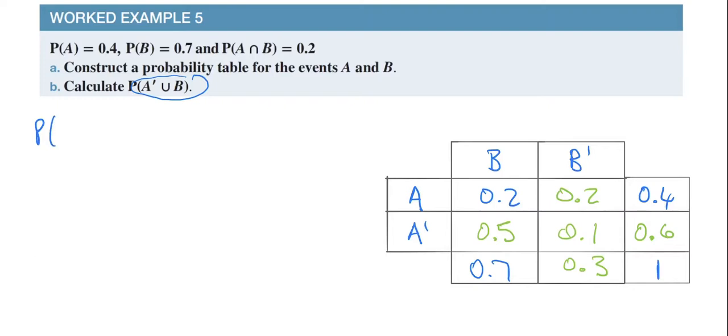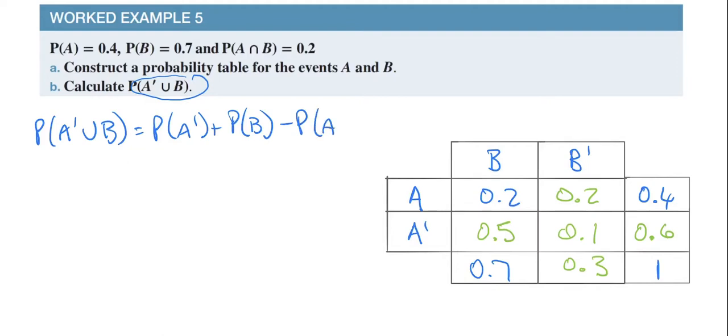The addition formula is that if it's an addition, if it's the probability of A or B, then it's the probability of A, not A, plus the probability of being B, minus the probability of not A and B. So from that formula, we need to go and decide what we have.